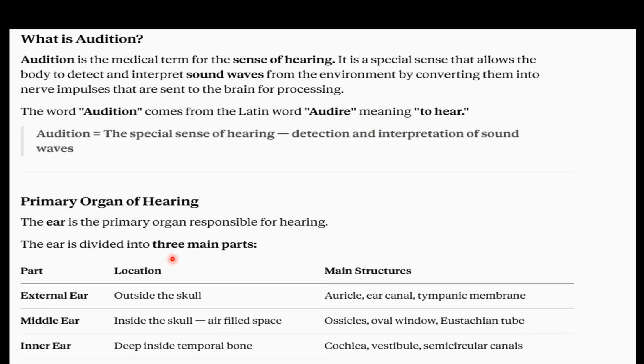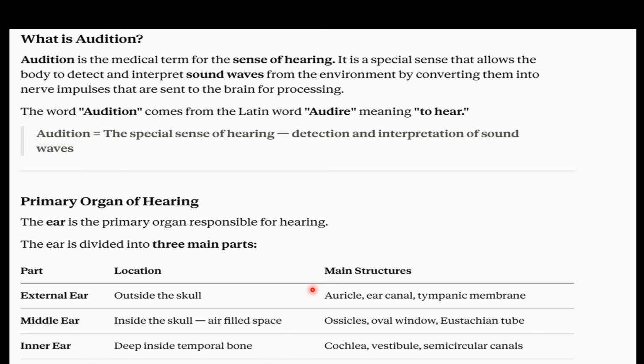Location wise, the external ear is present outside the skull, and the main structures are the auricle, ear canal and tympanic membrane. Second is the middle ear, which is inside the skull, an air filled space which includes the ossicles, oval window and Eustachian tube. Then we have the inner ear, which is deep inside the temporal bone, with the cochlea, vestibule and semicircular canals. So these are all the primary organs for hearing.